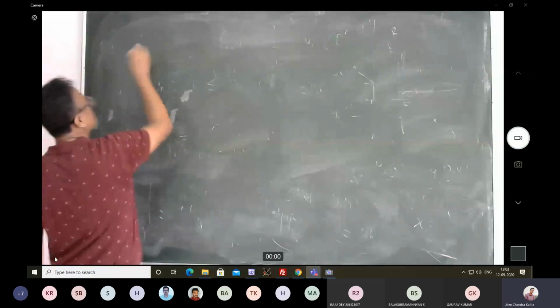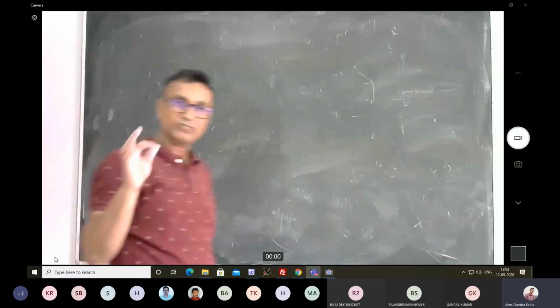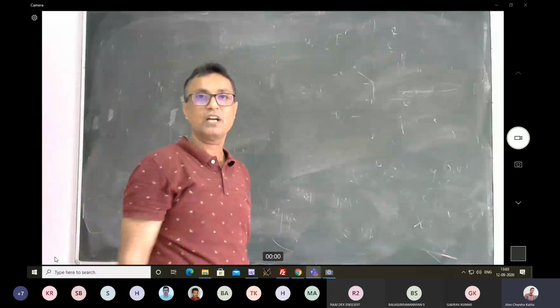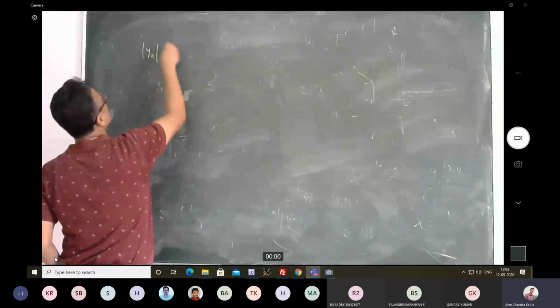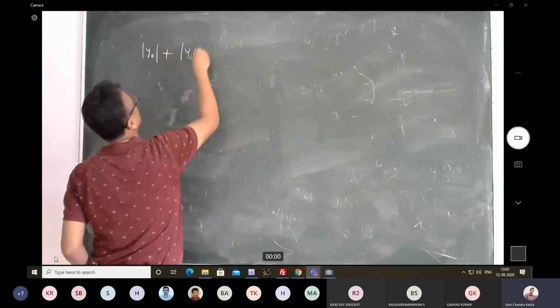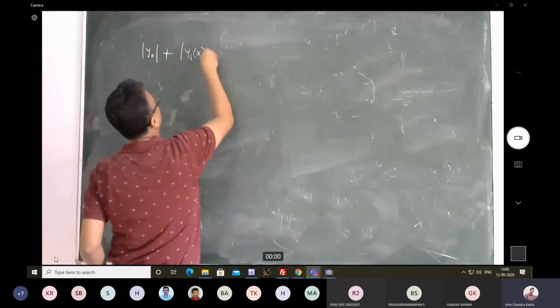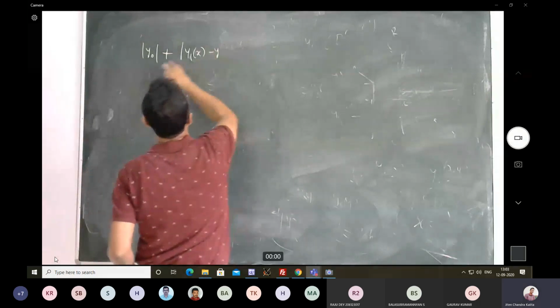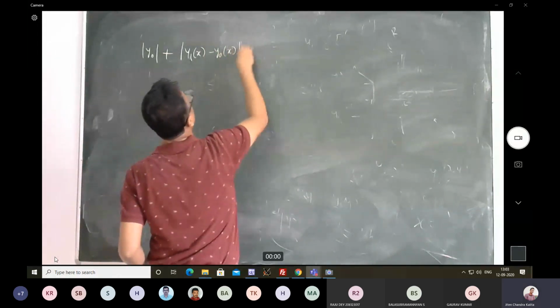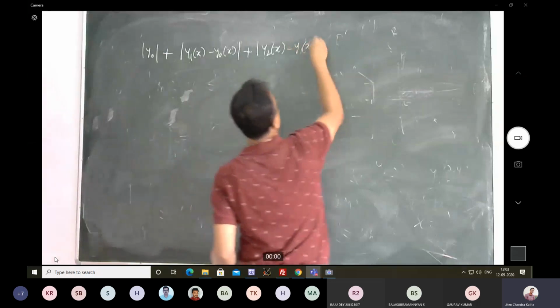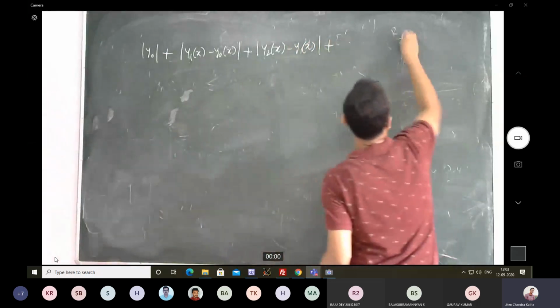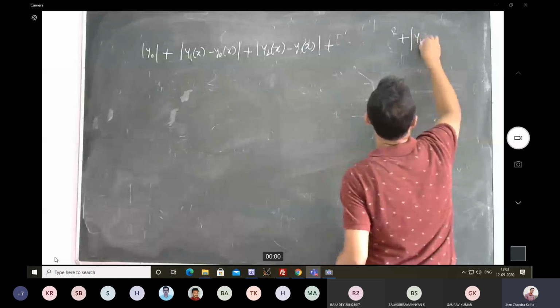In order to prove the convergence of the sequence, I have already told you that I'm going to prove that it is absolutely convergent, right? So for that, what I have to do, this one, y1(x) minus, maybe up to one step I have to do.